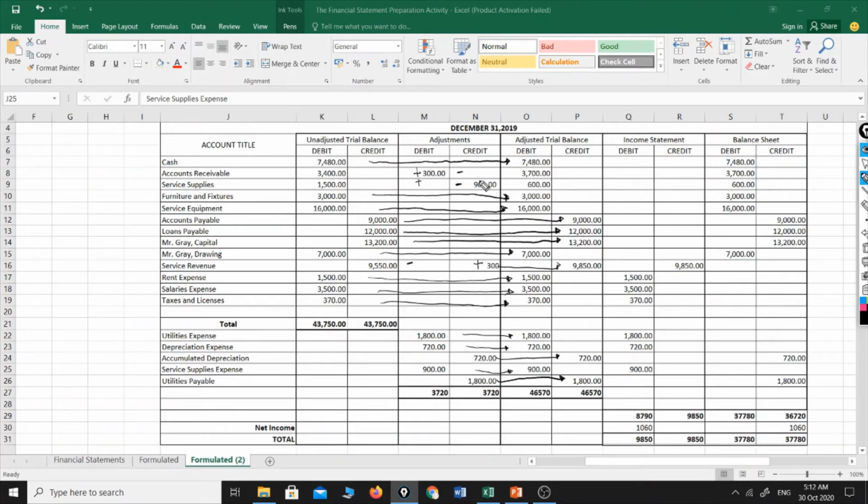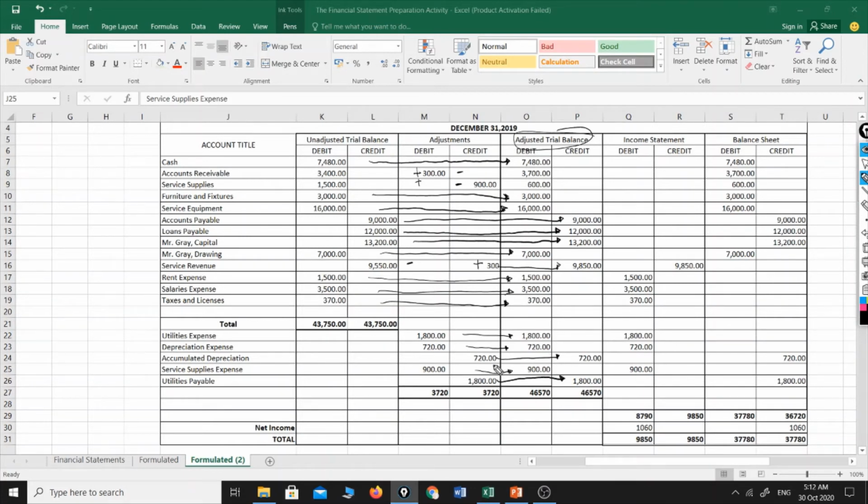balance. So as you can see, we just processed the amounts on our unadjusted trial balance together with the amounts on the adjustment section. Okay, so after processing all these amounts, we come up with our adjusted trial balance.